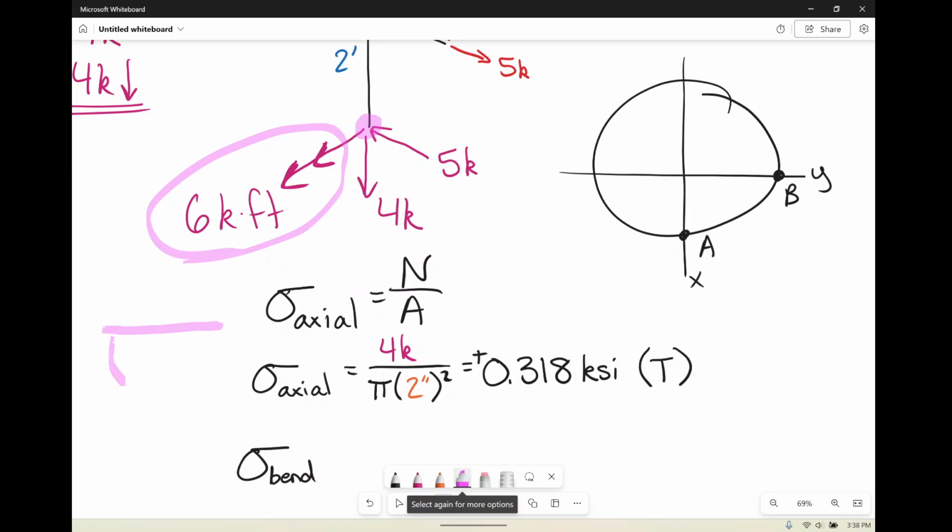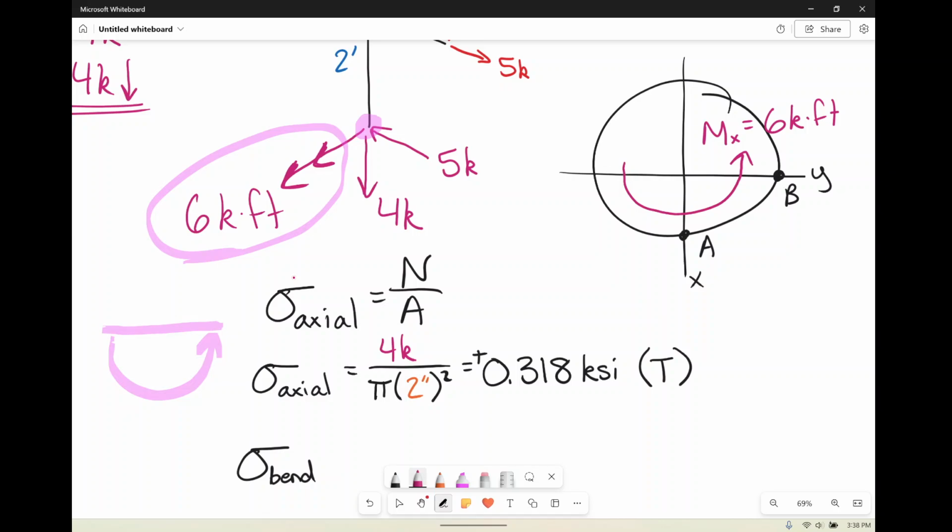He's going to be coming out and then going in. So if I were to draw that over here, he'd be coming out and then going in. And that is our moment x, which again we said was 6 kip feet.